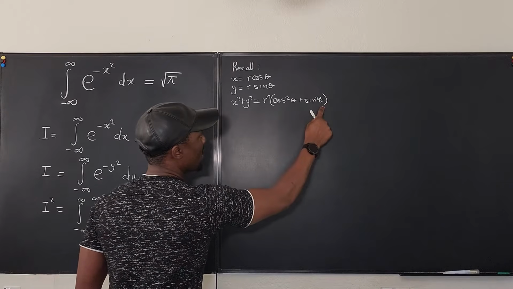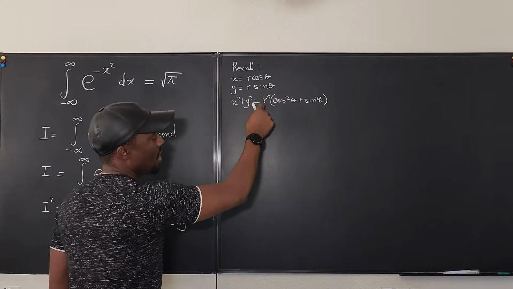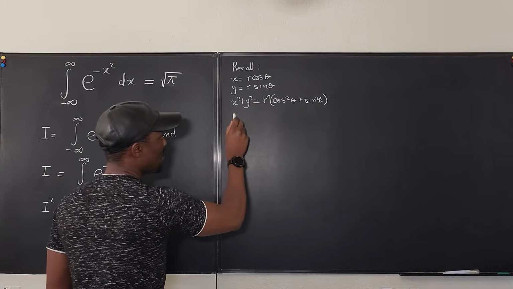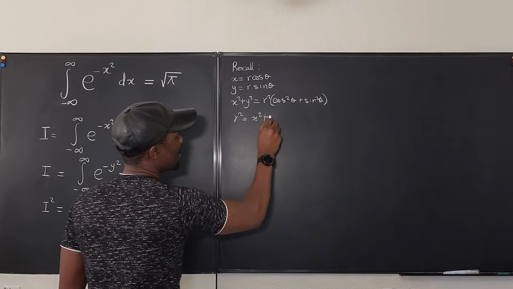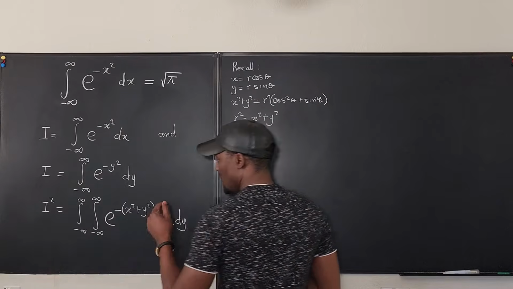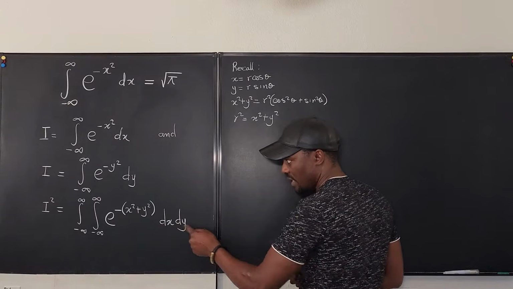So this is 1 every day. So what we're left with is just x squared plus y squared equals r squared times 1. So we know that r squared equals x squared plus y squared, which means I can just replace this with r squared. But how do I replace these?